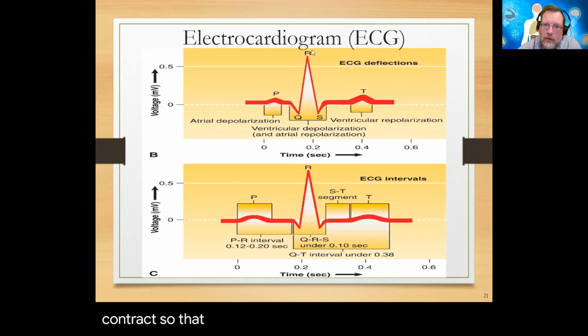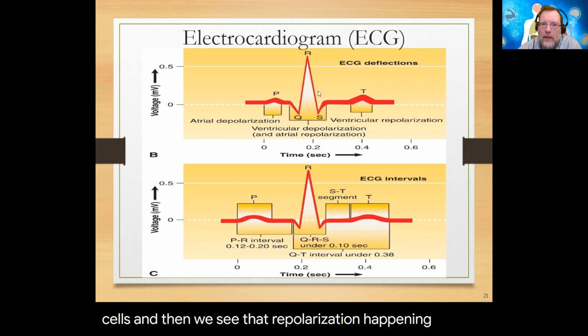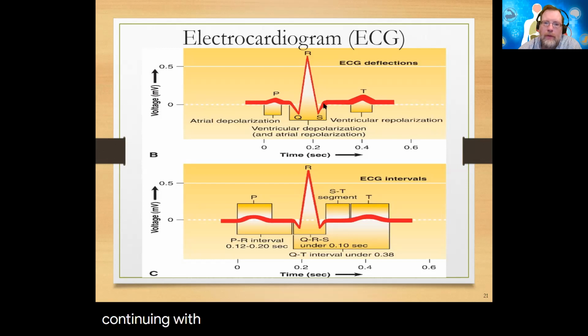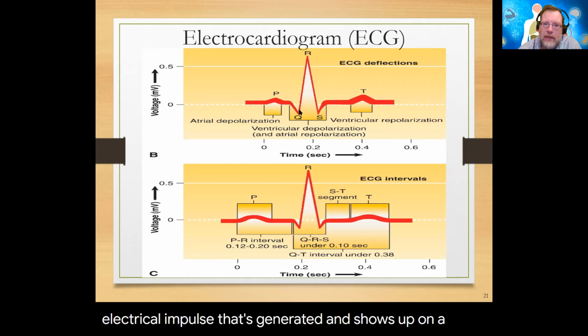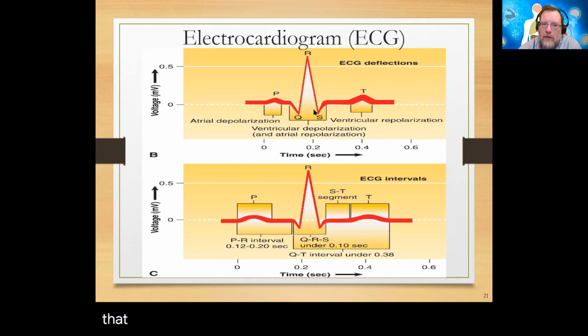So that's what the QRS wave also represents, is an extreme amount of sodium rushing in and extreme depolarization occurring down in those ventricular cells. And then we see that repolarization happening again, continuing with the atria.